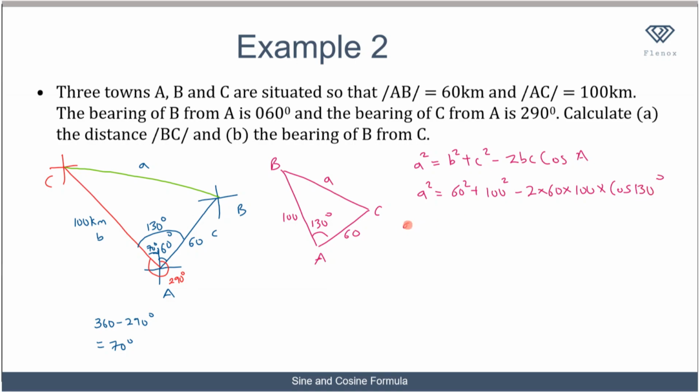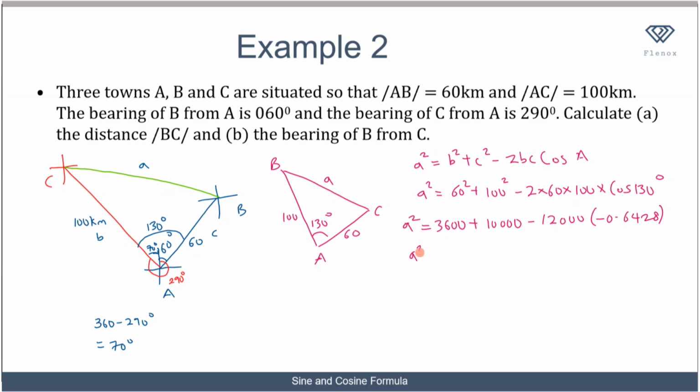So what does that give me? I have a squared equal to 60 squared, which is 3600, plus 100 squared, which is 10,000, then minus 2 times 60 times 100, which gives me 12,000, and cos 130 gives me minus 0.6428.